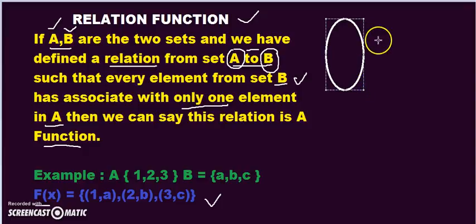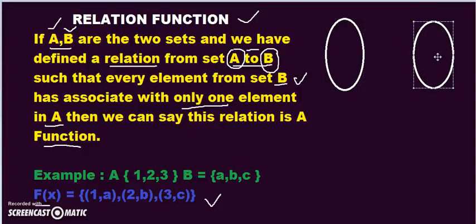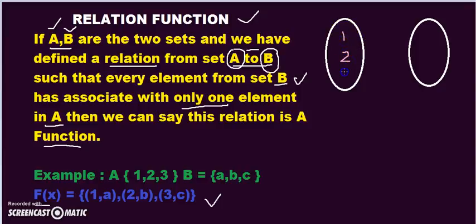So this is set A and this is set B. In set A we have the numbers 1, 2 and 3. Set B has A, B and C. And I have defined a relation.